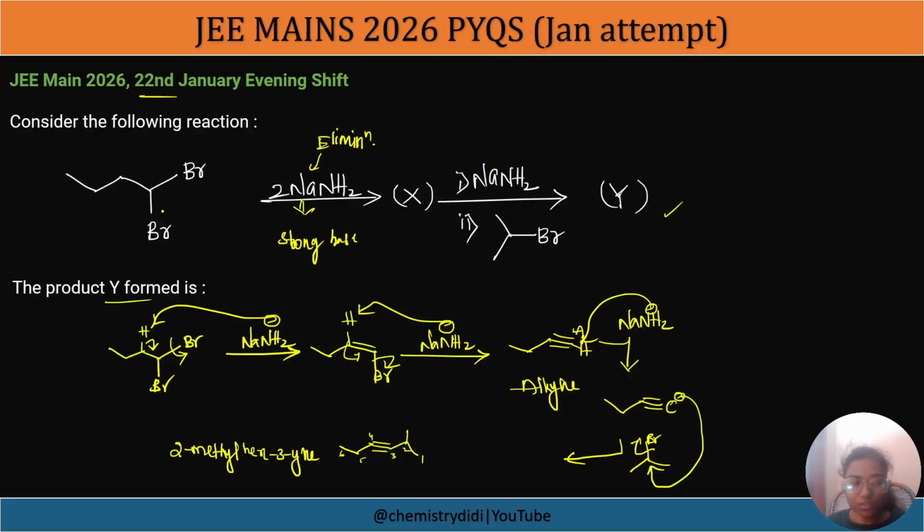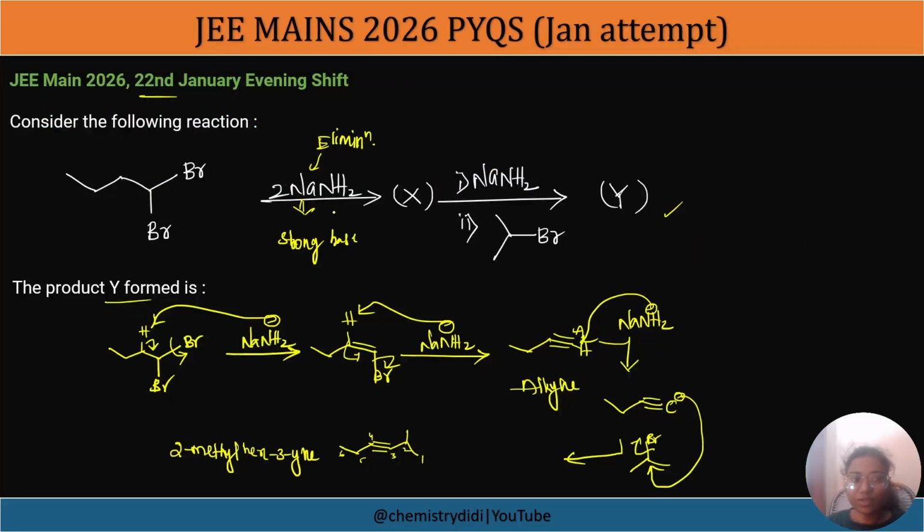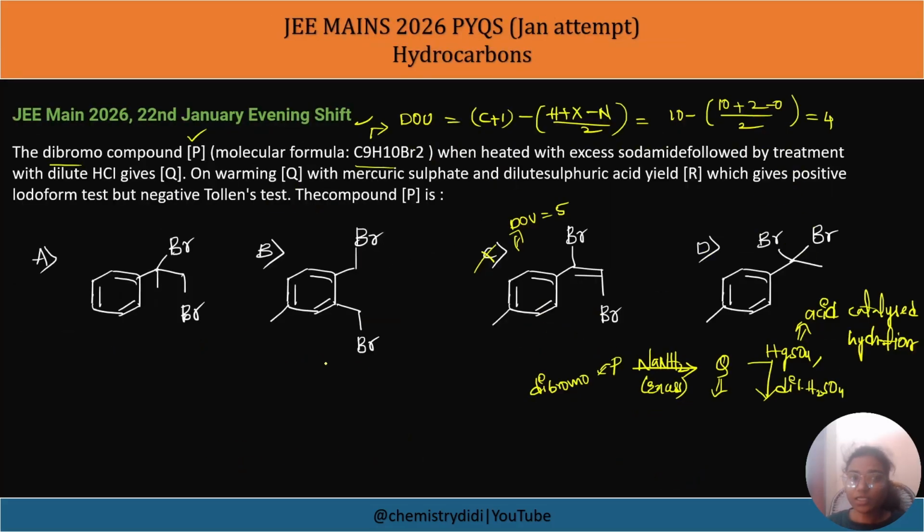Here also this is a dibromo compound only, so we have used 2 moles of NaNH2. Two times elimination happened, and overall we have got this alkyne as a product. The same concept they were checking over here, but in a different manner.